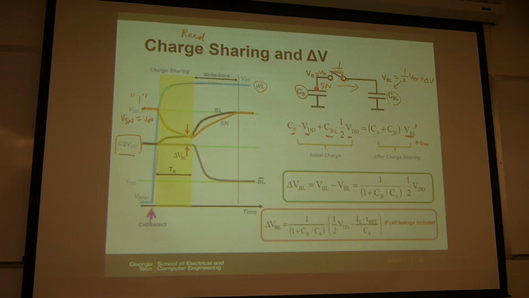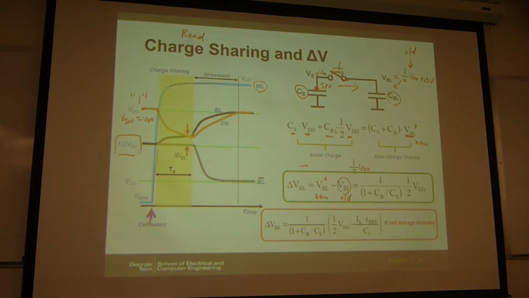So you can solve for this VBL prime here, and subtract the VBL, the new and the old. The old VBL is half VDD.